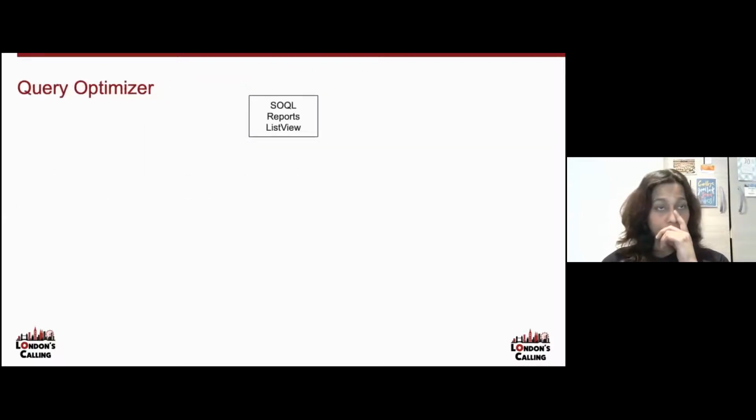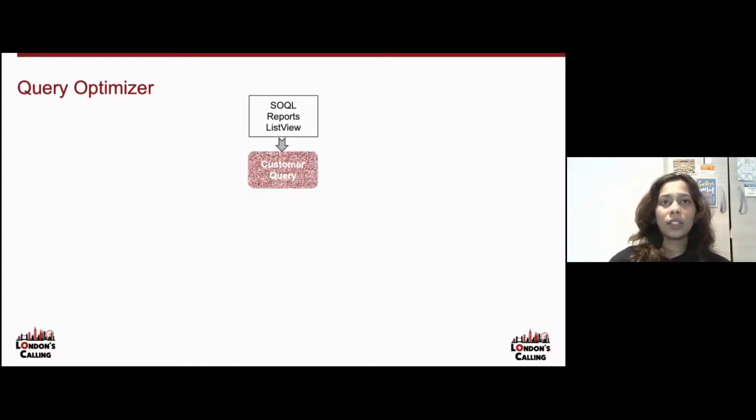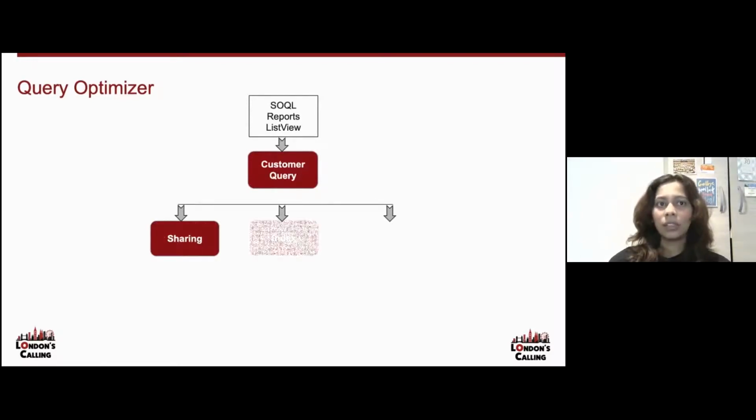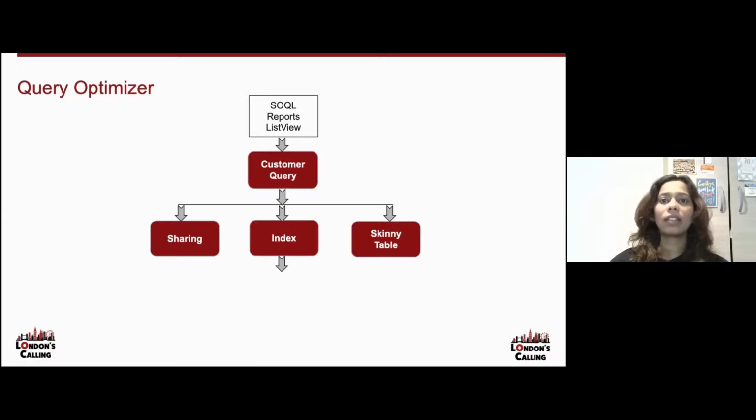So how does a query optimizer work in Salesforce? When you run a SOQL query, a report, or a list view, this is something which happens in the background: sharing, indexing, and we have something called a skinny table.